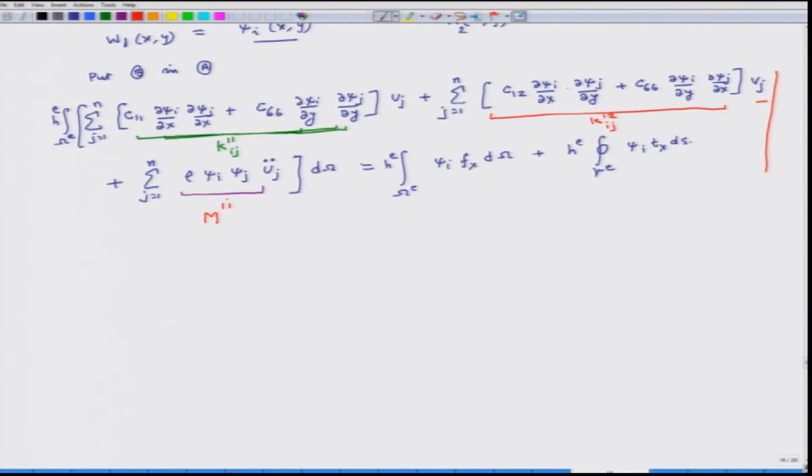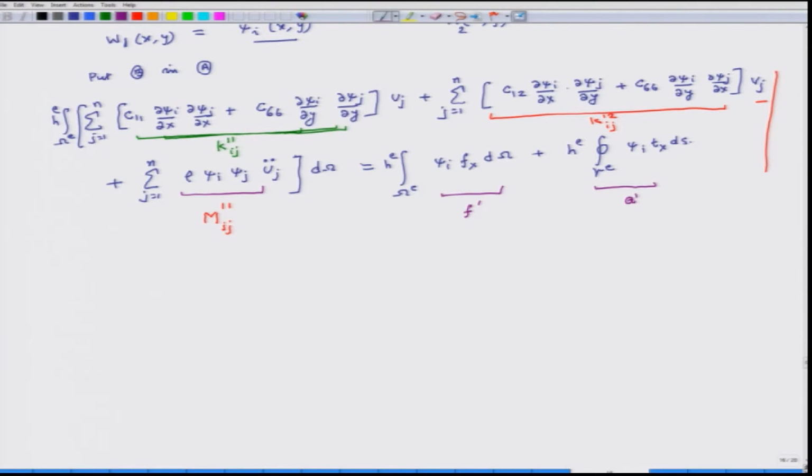So, it is my mass matrix M11 ij, and this is F1 and this is Q1.